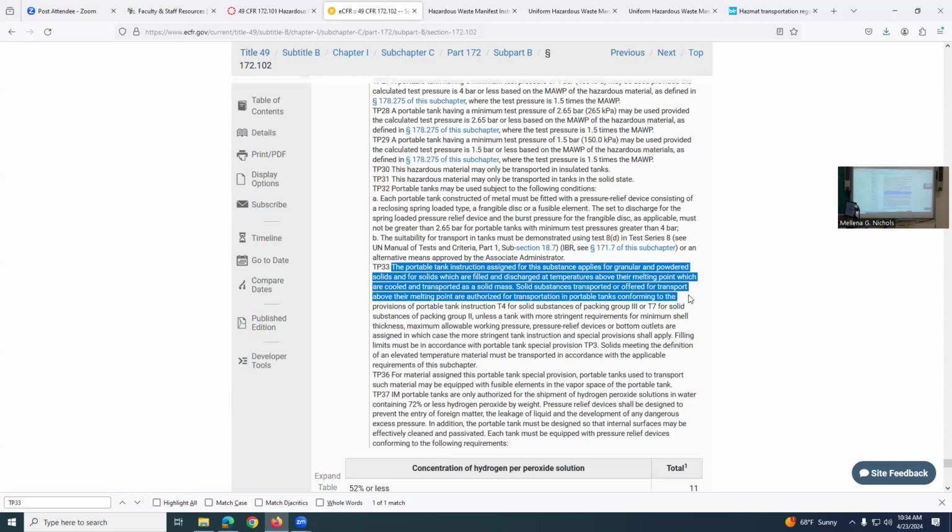Solid substances transported or offered for transport above their melting point are authorized for transportation in portable tanks conforming to the provisions of the portable tank instructions. So basically it's saying you need to know what temperature it can be shipped at, and if it's going to be shipped above that, you're going to have this special provision, okay? Does that make sense? So we would also just, yeah, you can just copy and paste that, yes.